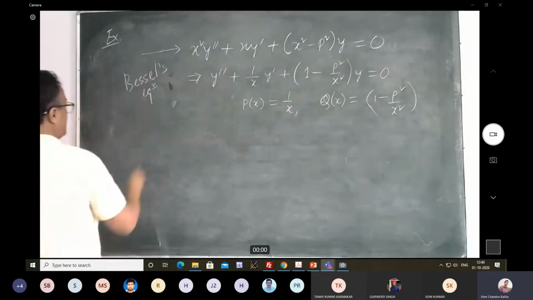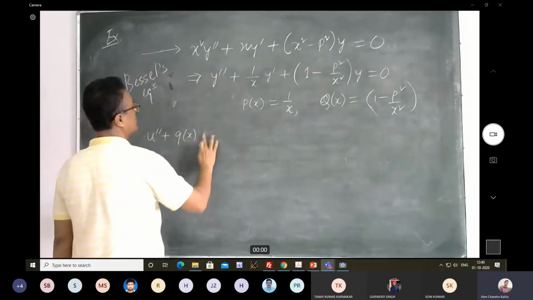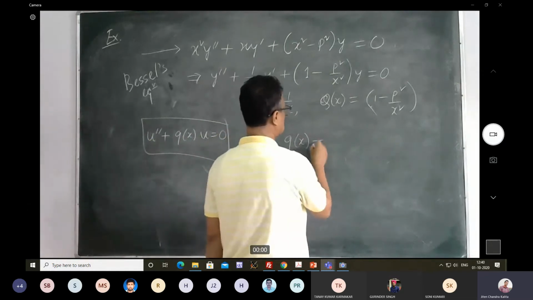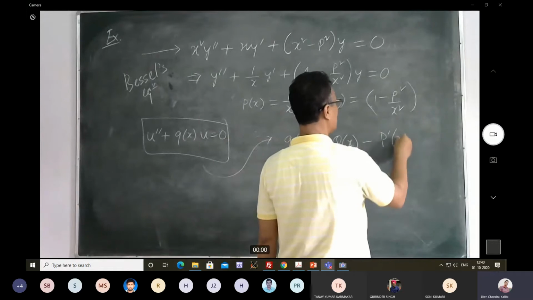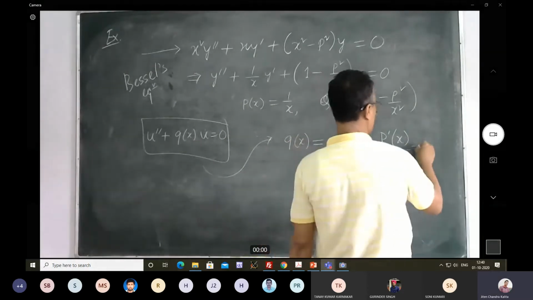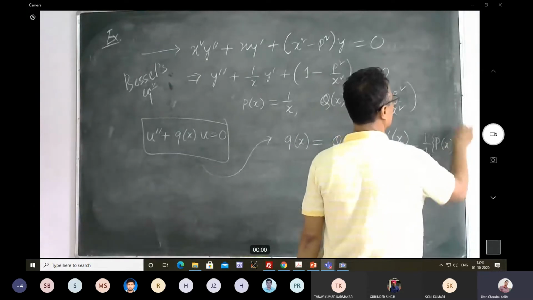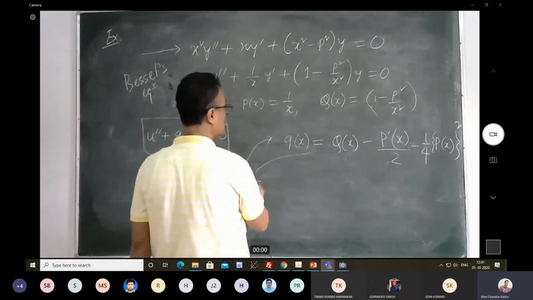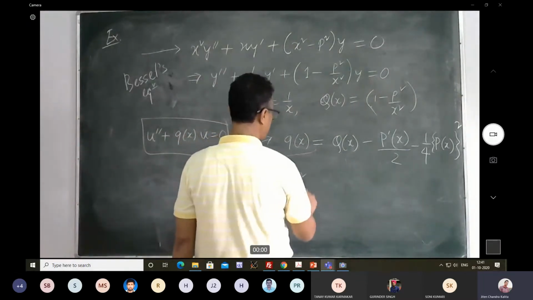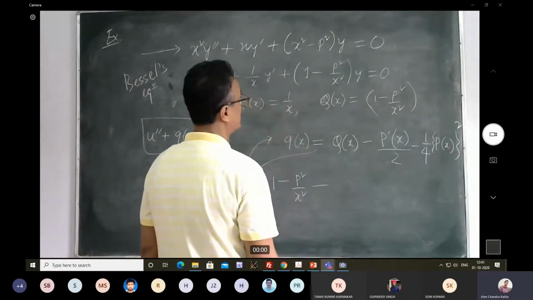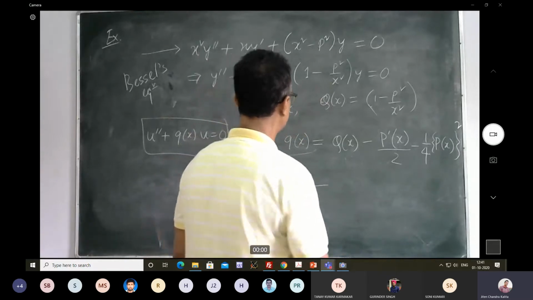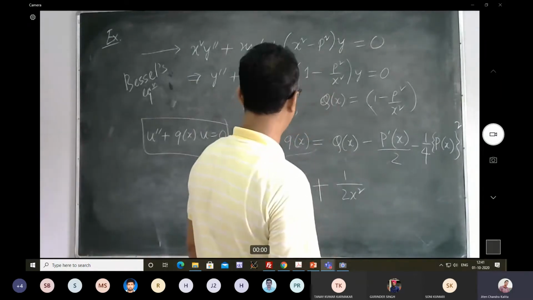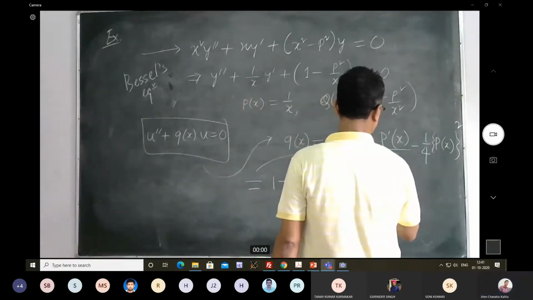Now if I want to reduce it to this form, if you recall, p'(x) is minus 1 by x squared, so this is going to be plus 1 by 2x squared, and then minus 1 by 4x squared.